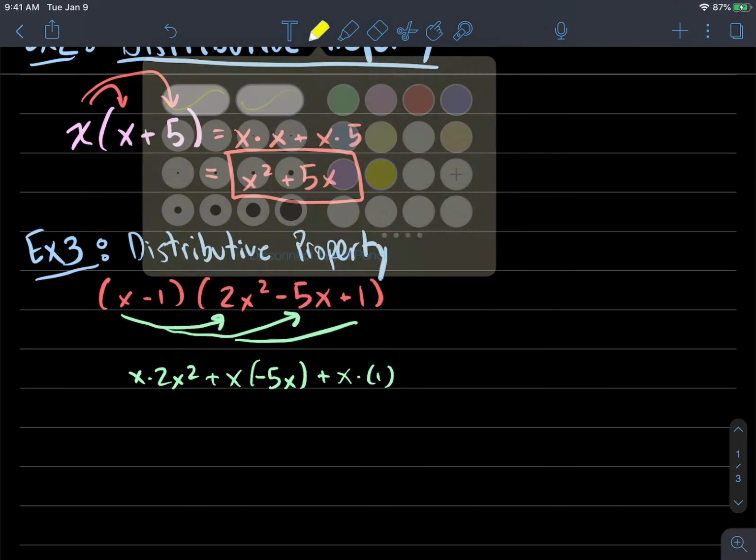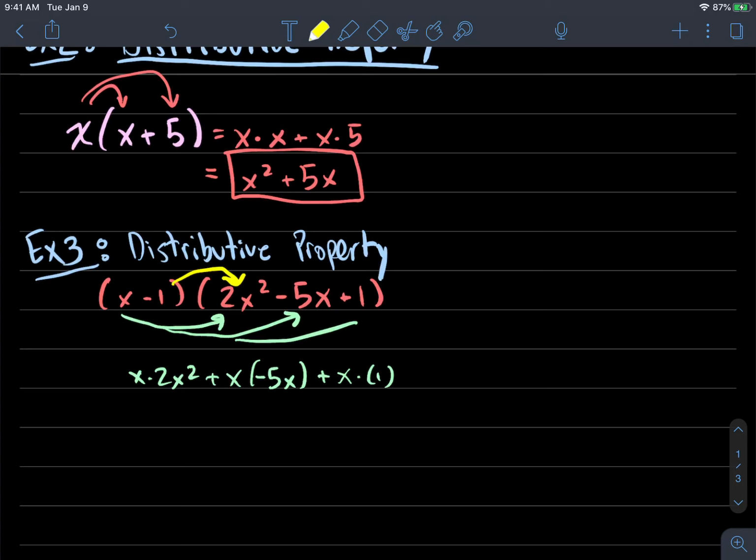Let's use yellow. You're going to have negative 1 times 2x squared, minus negative 1 times negative 5x, and then minus 1 times 1.